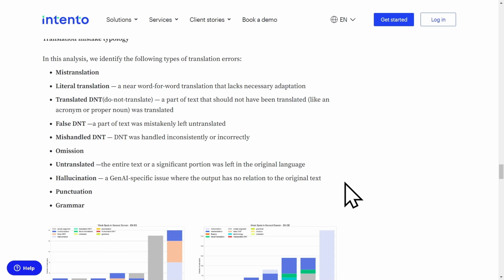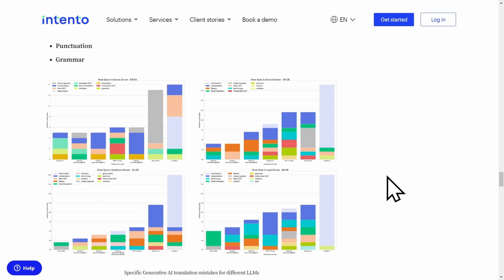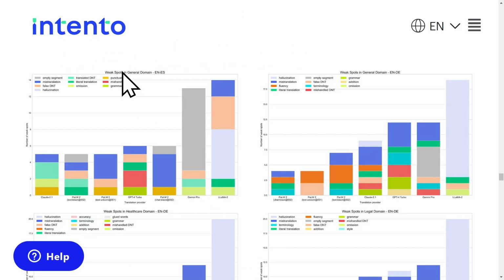So that's interesting to look at these metrics. I think that's a very good idea that they've done that. So let's zoom in a little so that we can see some things. Okay, so English to Spanish, general domain. And here you have the breakdown by LLM model and by type of error.